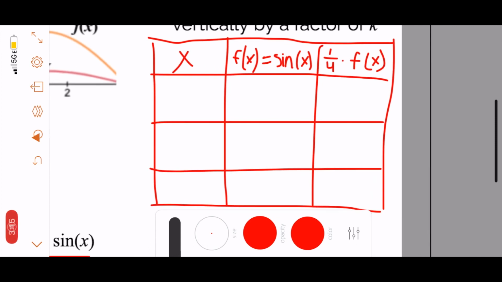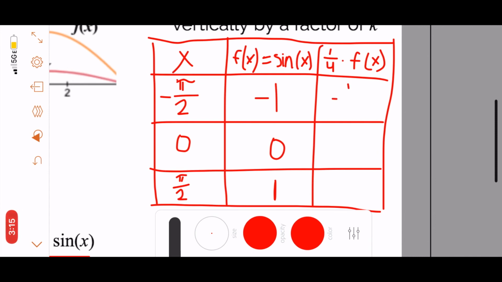And again here I'm going to select input values that I'm familiar with. I know you guys aren't familiar with sine, but an easy one here is going to be -pi/2, 0, and then pi/2. For those input values, that is where the graph is going to hit -1, 0, and 1. So that's going to be really easy to work with as we do our compression over here.